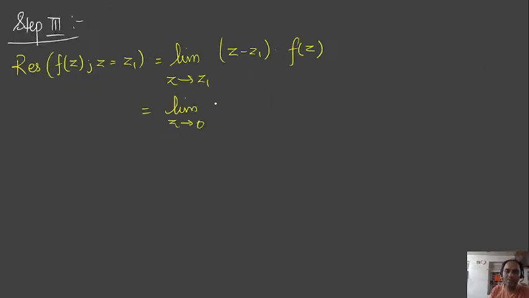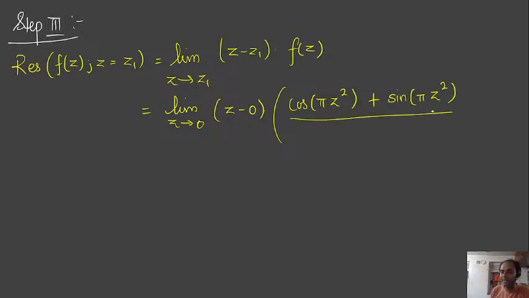Okay. So z minus 0 times cos pi z square plus sine pi z square divided by z into 1 minus z.